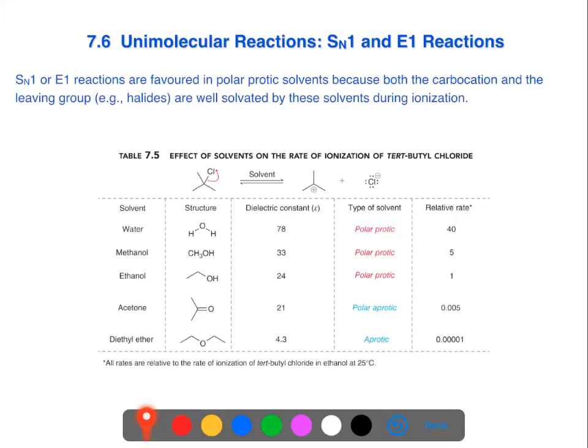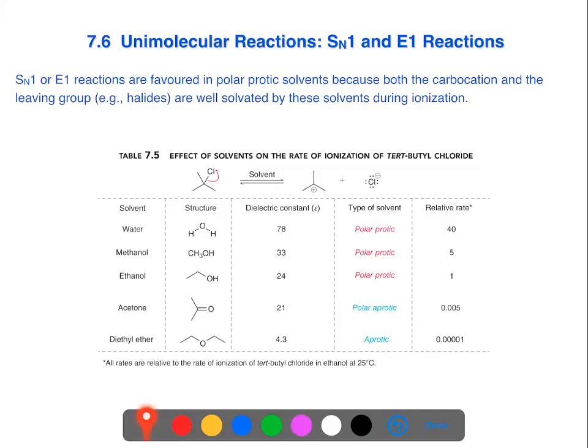In that loss of a leaving group step, we're taking a neutral species and generating two ions from that species: the halide leaving group, the chloride in our last example, as well as the carbocation intermediate. These are two ionic species. They both have formal charges greater or less than 0.